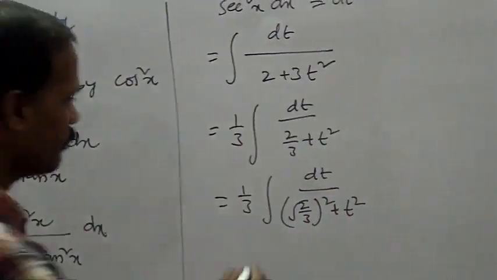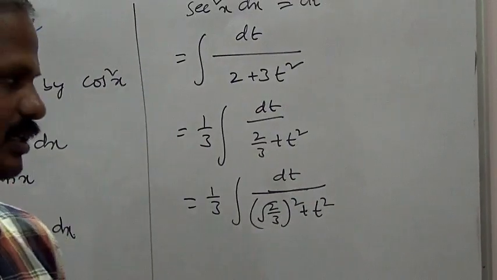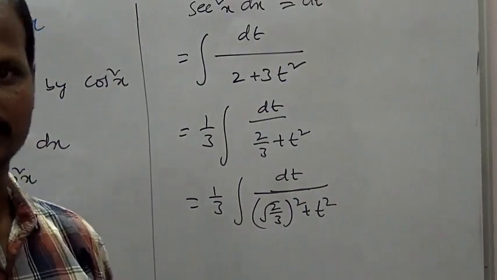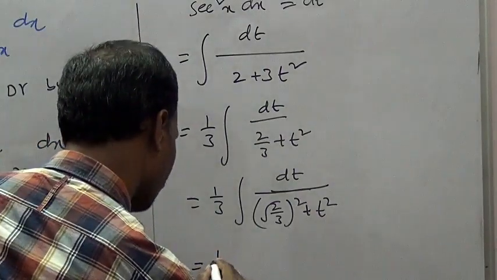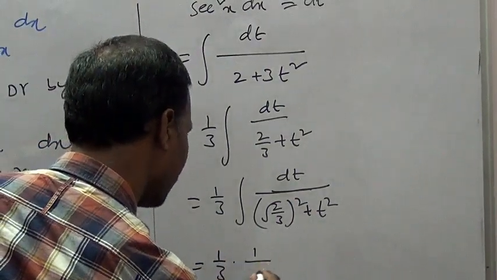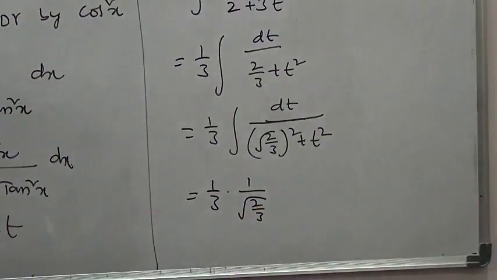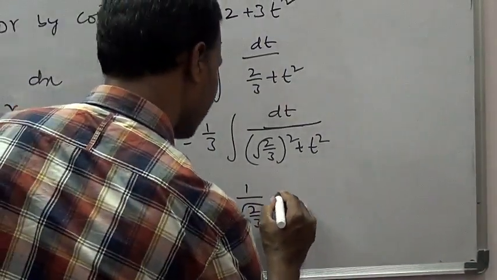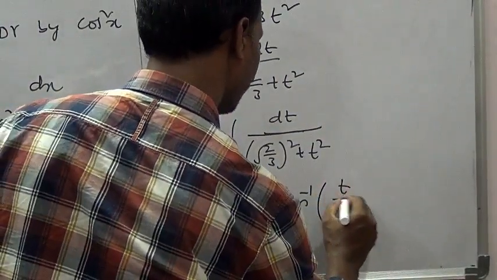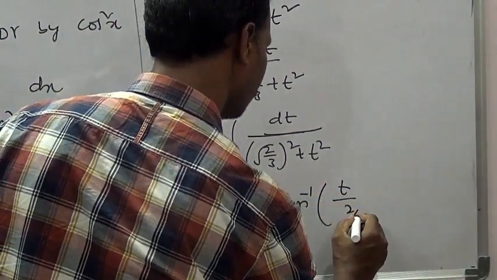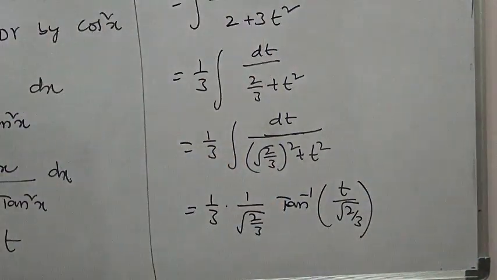Now this is of the form 1 by a square plus x square. So 1 by a tan inverse x by a. So this is equal to 1 by 3 into 1 by a, root 2 by 3, tan inverse x by a, t by root 2 by 3, plus c.